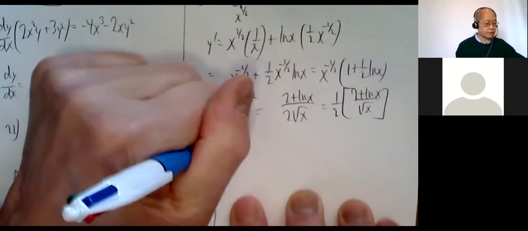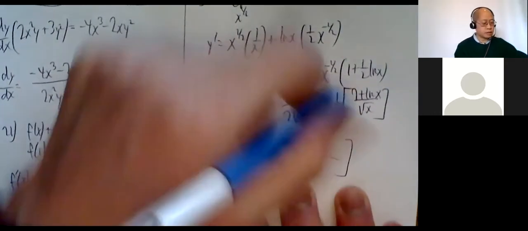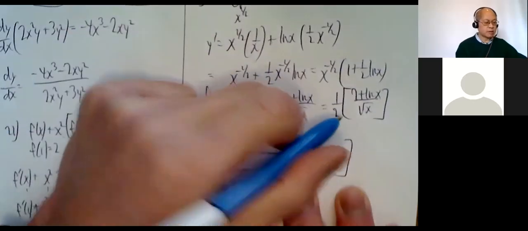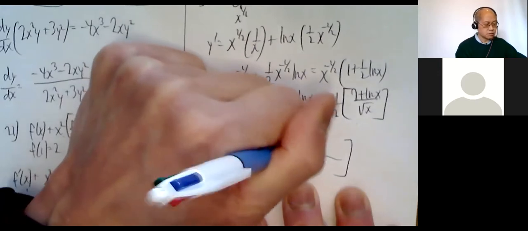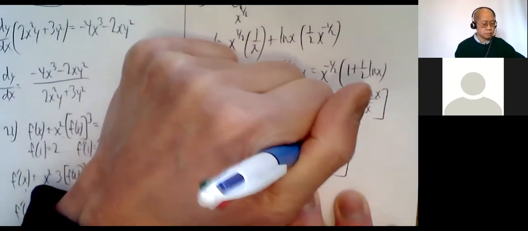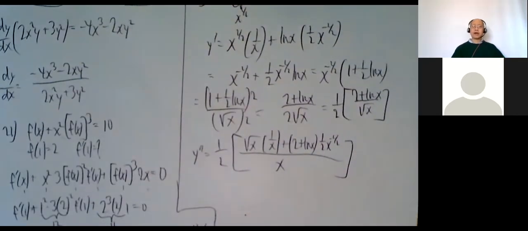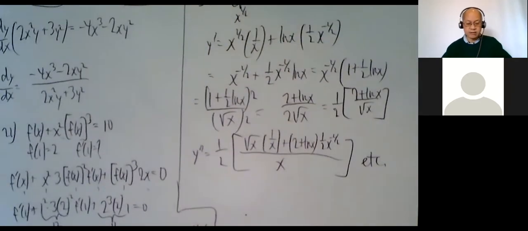So the derivative is 1/2 times the derivative of the function. Okay, so I differentiate this: bottom times derivative of the top plus top times derivative of the bottom, over that. And the rest is algebra. So I'll just say etc. and leave that alone.